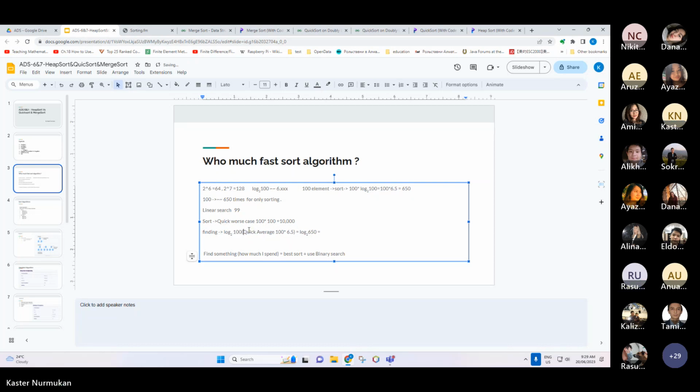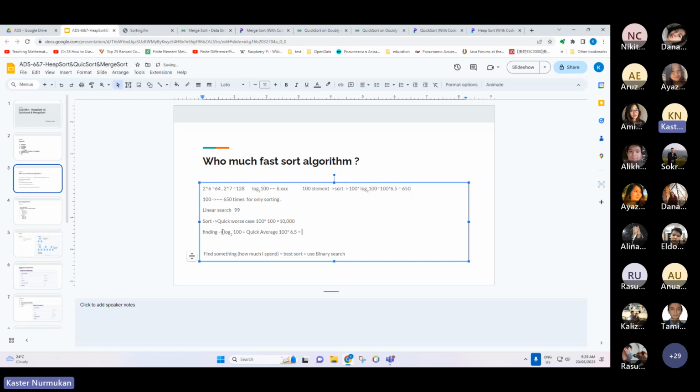100, that one plus Quicksort. Right, now it's fine. Do you understand?